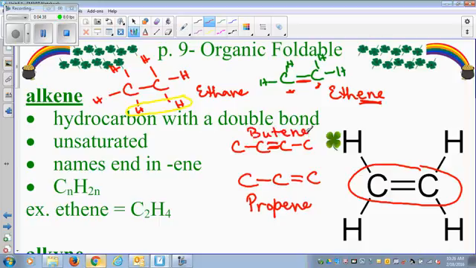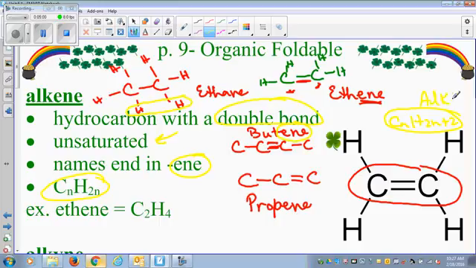So instead of ane, all the names will end with ene. It's a carbon-carbon compound with a double bond. They're unsaturated because I can break the double bond. This is the general formula. For alkanes, the general formula was CnH2n+2. Now you have the formula for alkene. You need to write all this information underneath your foldable.